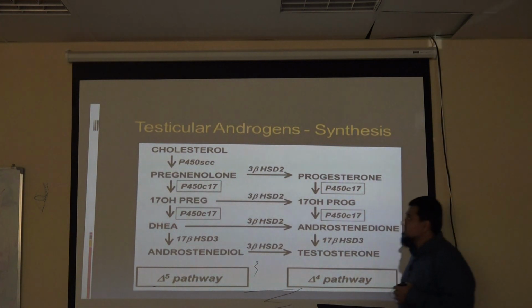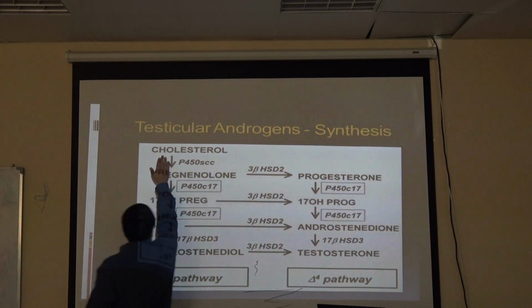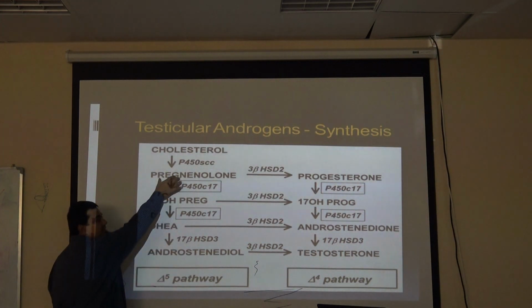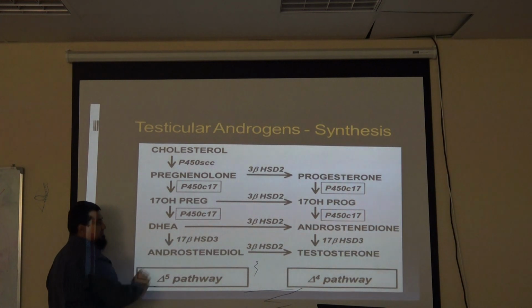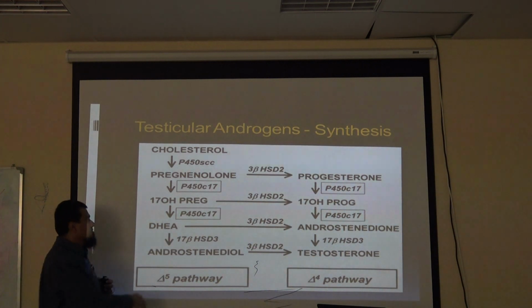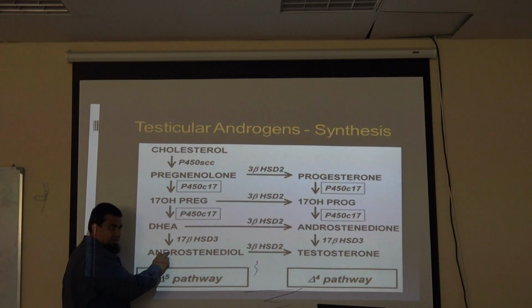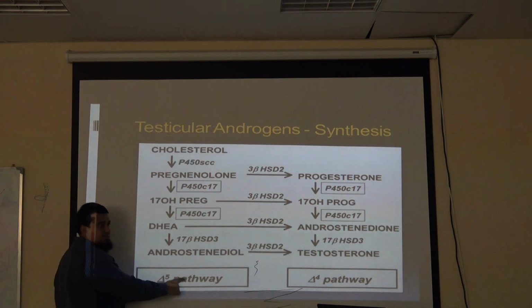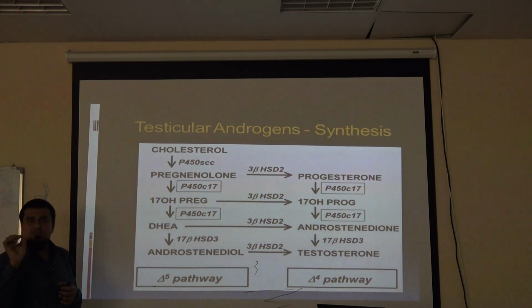So in the first stage the cholesterol converts into pregnenolone, then pregnenolone undergoes a series of reactions and converts into androstenediol. All these steps are categorized as the delta 5 pathway. This delta 5 is just the location of the double bond. Clear?